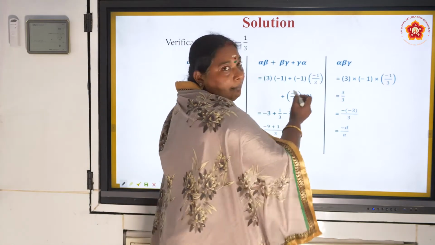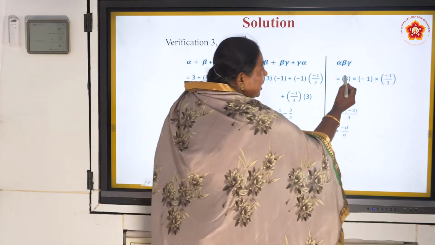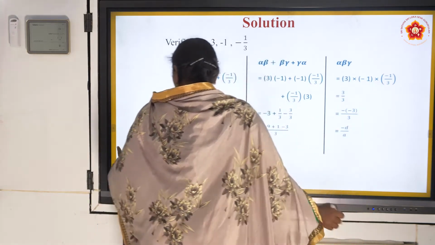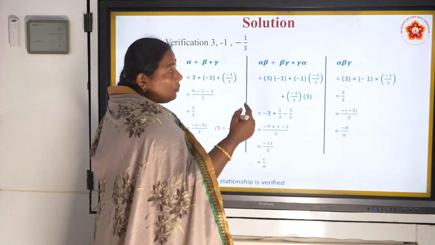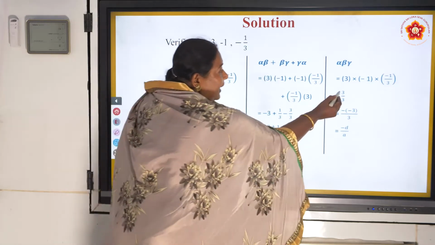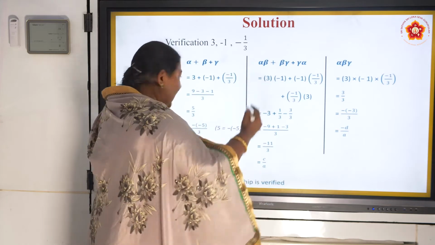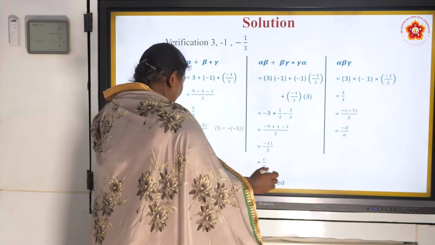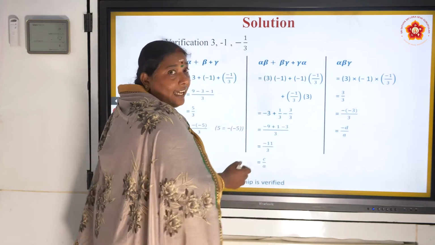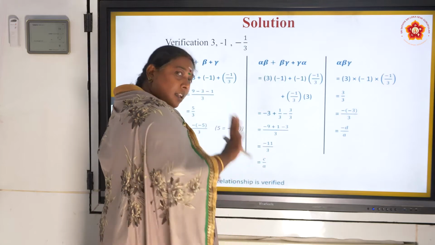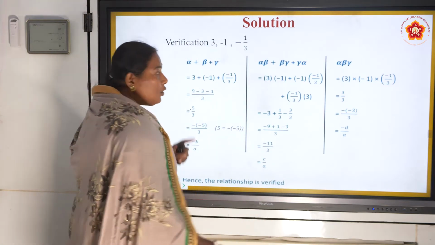Next, the last one. Alpha, beta, gamma. 3 into minus 1 into minus 1 by 3. The 3 gets cancelled. Correct? Minus into minus is plus, 1 into 1, 1. That's all. So I'll get 3 by 3 as 1. But by dividing I will get 1. Do I need 1? No, I want 3 there. So I will keep the 3 by 3 as 3 by 3. As we did here for plus, we will do the same thing here.